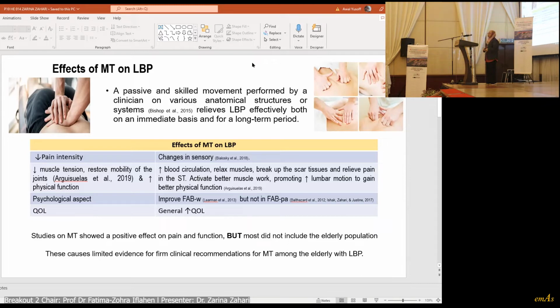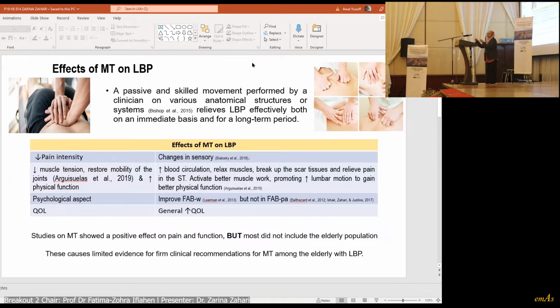Like previously, Dr. Chua had mentioned myofascial release. Myofascial release is one of the techniques of massage, which is also a part of manual therapy, focusing more on the muscle and fascia.